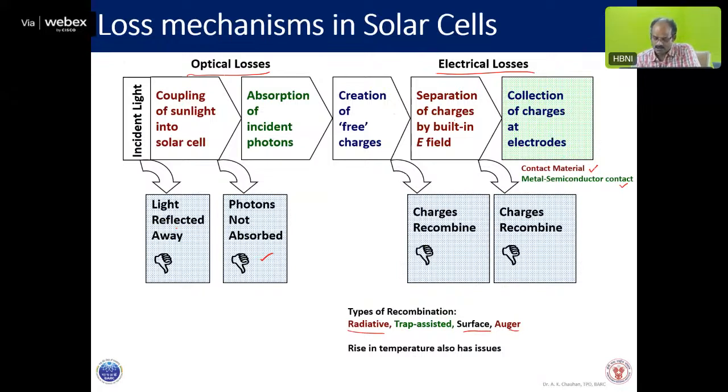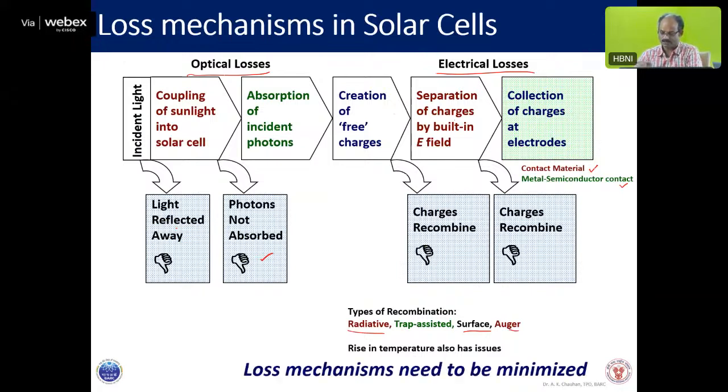And as soon as you start putting the solar cell under radiation, the temperature of the solar cell also rises. Because of this rise in temperature, there are other problems inside the solar cell. So all these loss mechanisms have to be minimized for a solar cell.